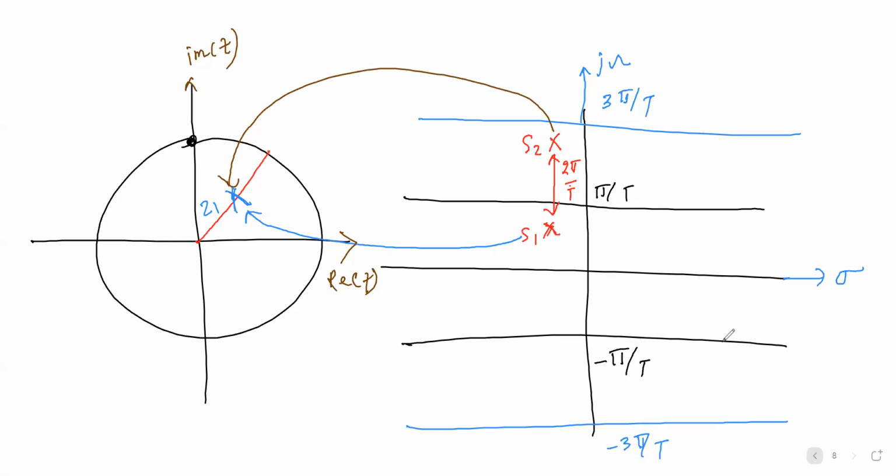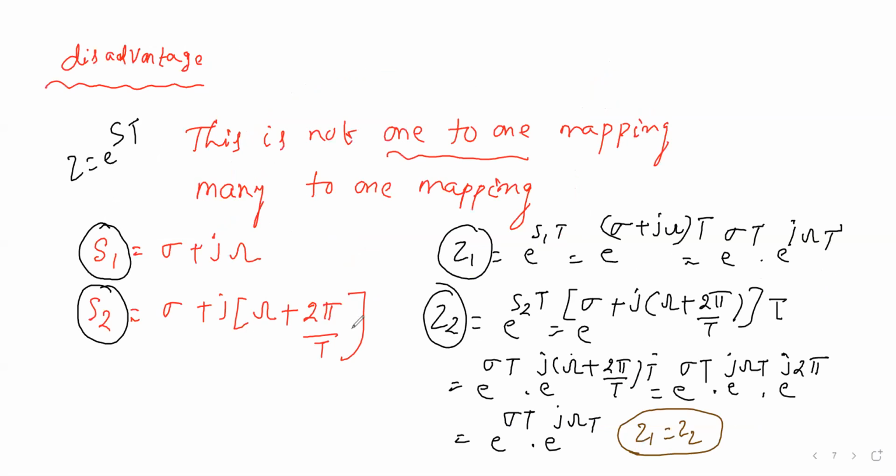If you take 2 pi m by t, then finally you will get e to power j 2 pi m, and that also equals 1. So two poles in the S domain with the imaginary parts differing by 2 pi m by t map to the same pole in the Z domain, which means the aliasing effect comes into the picture.